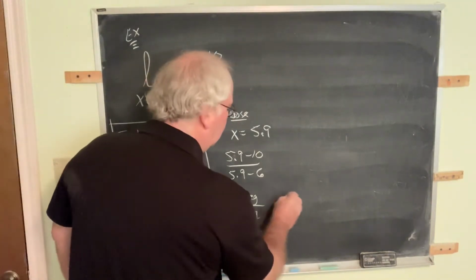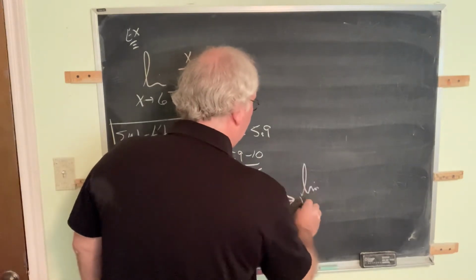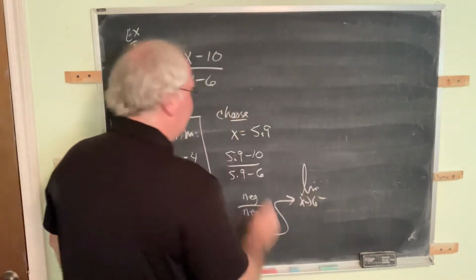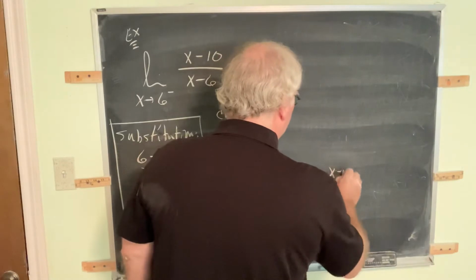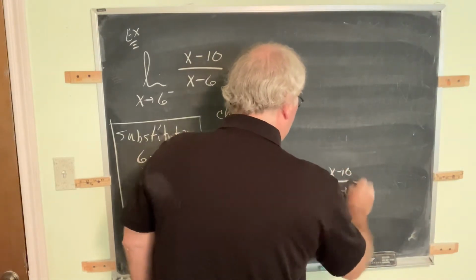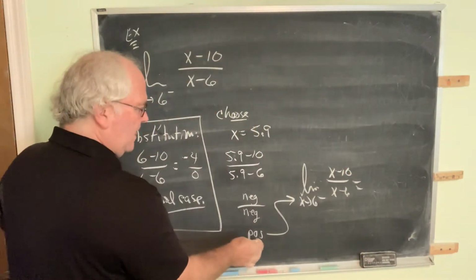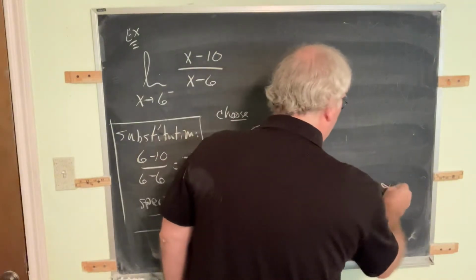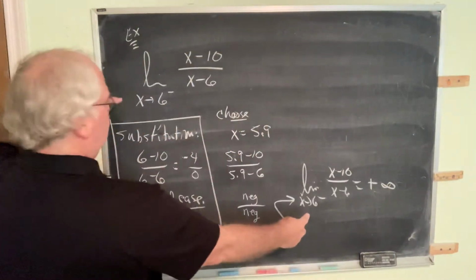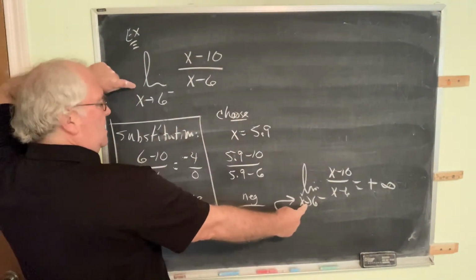And so what we can conclude then is the limit as x approaches 6 from the left of this function is equal to positive infinity. And there's nothing else to do because we're done. This is it.